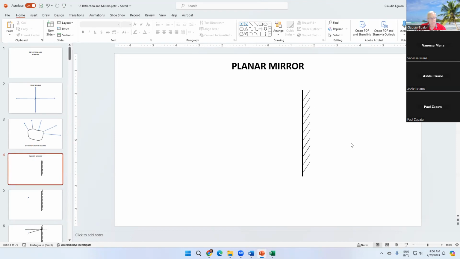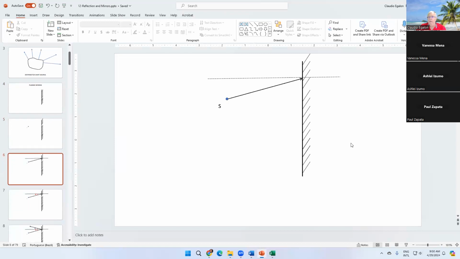Okay. And let's say we have a point source near this reflecting mirror. So let's say we have this light ray that's coming out of the light source and is incident on the mirror at that point that you see.